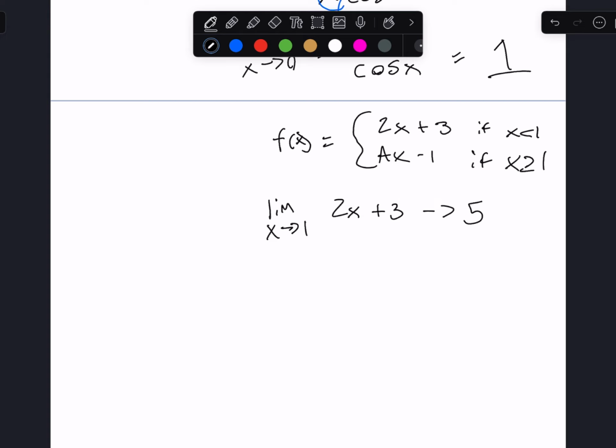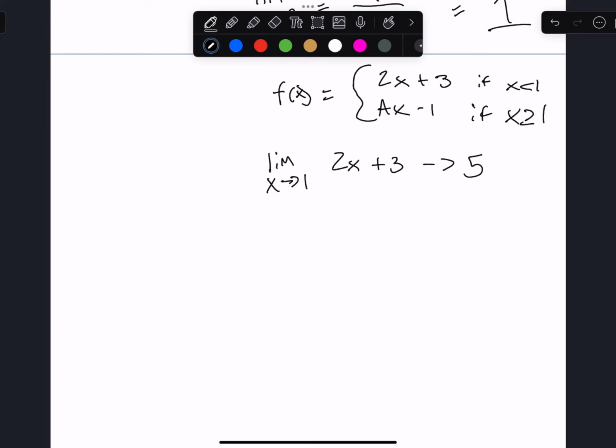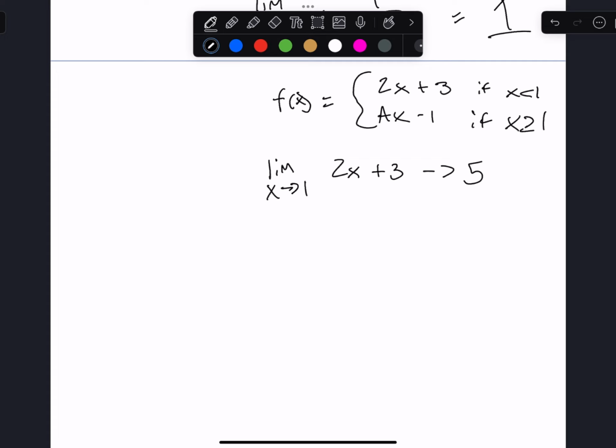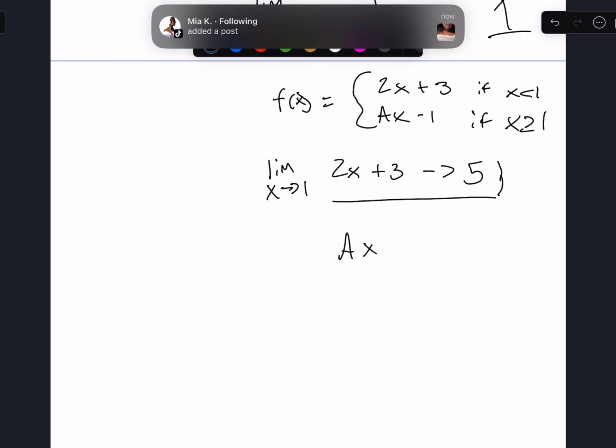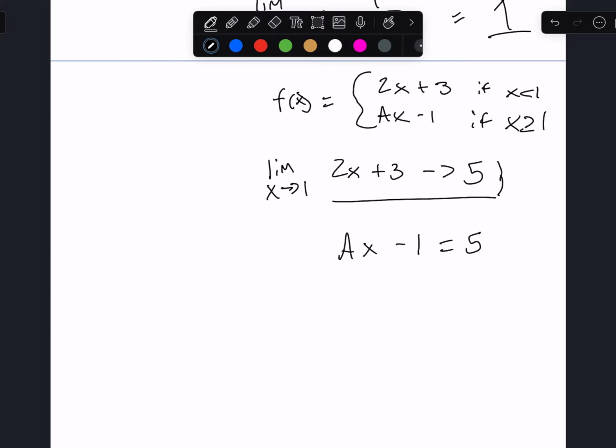Now, since 2x plus 3 is equal to 5, we have to find a way to make ax minus 1 equal to 5 as well. So we know our x is 1, so a times 1 minus 1 equals 5.